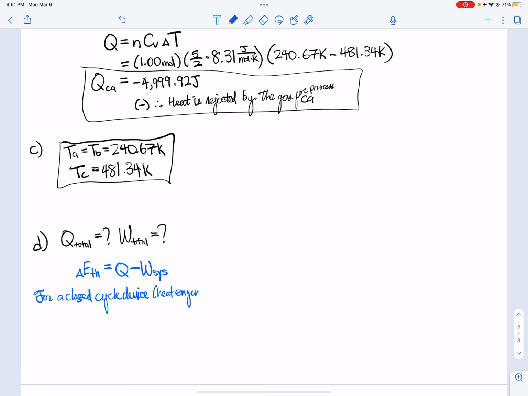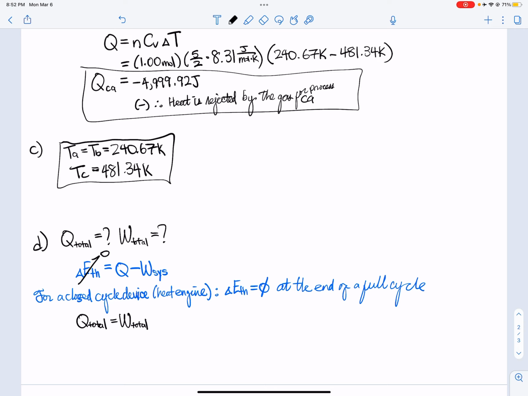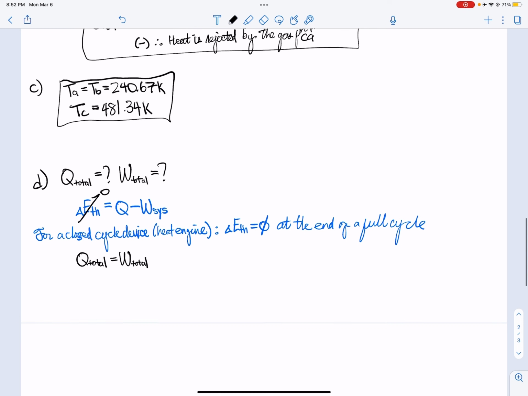Because a heat engine is a closed cycle device as well. The change in thermal energy is always equal to 0, all right, at the end of each cycle. At the end of a full cycle, okay? So, because that's the case, this becomes 0, right? And so I'm left with Q total equals my work total, right? Or the total work done by the system.